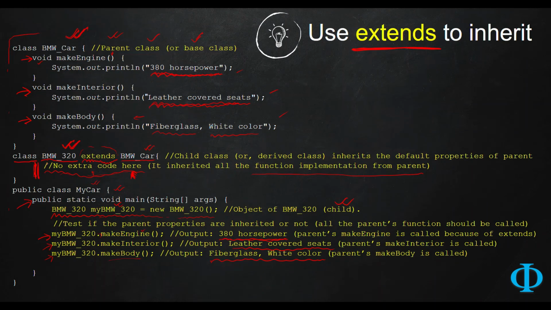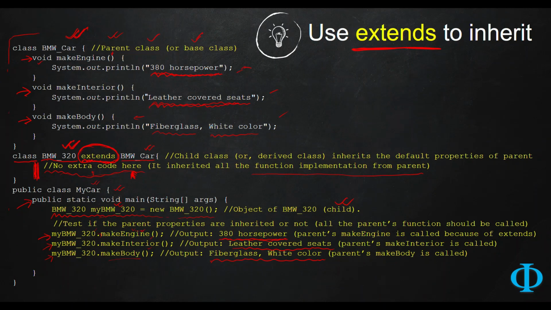So basically, if you do not implement any of the functions over here, and if you use this extends keyword, by virtue of inheritance the object of the child class will automatically get access to all the parent functions. If you do not re-implement, or if you do not have any function with the same name, it will automatically call the parent's implementation itself.